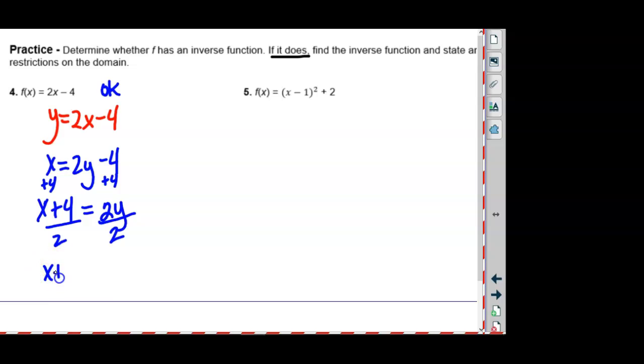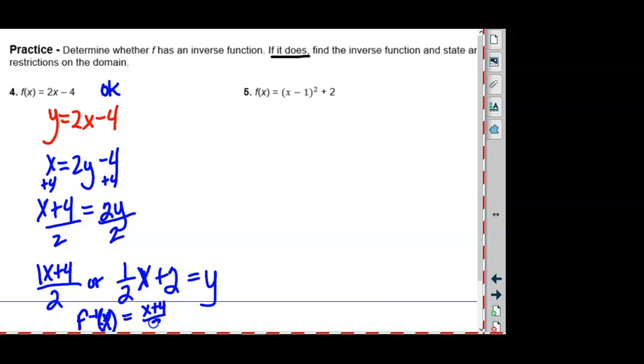And I don't care if you leave this x plus 4 over 2, or you think of it as a linear equation and you say there was a 1 here, so I have a 1/2 x plus 4 divided by 2, so I have a 2. And that's equal to y or f of x. You can write it as x plus 4 over 2 or 1/2 x plus 2, it's equivalent.